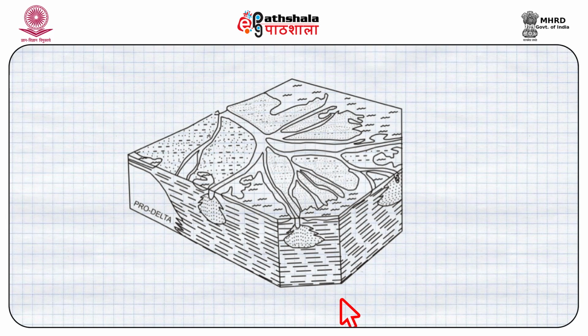Now, this is a cartoon which shows how the distributary channel forms the mouth bar in a delta front setting. You can see the single feeder system getting divided into a number of distributary channels, and each distributary channel is forming a mouth bar at its mouth, and these mouth bars are basically lenticular bodies encased within the marine shale.